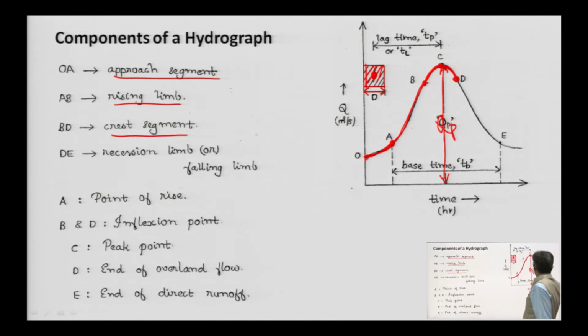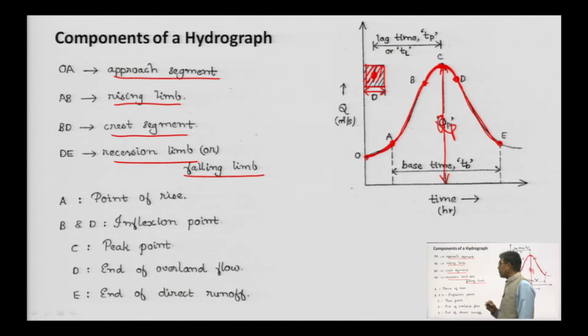And DE is the recession limb, or we can say the falling limb.